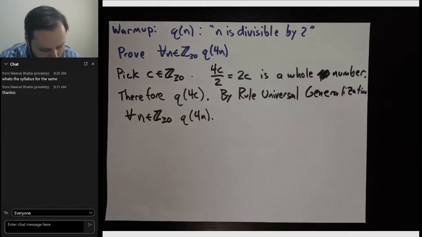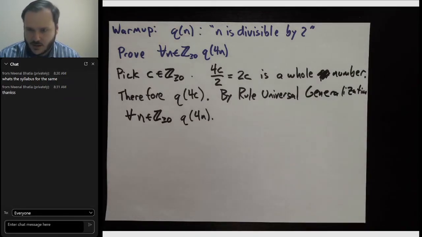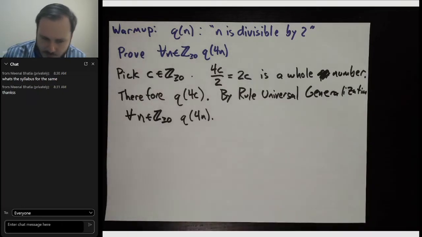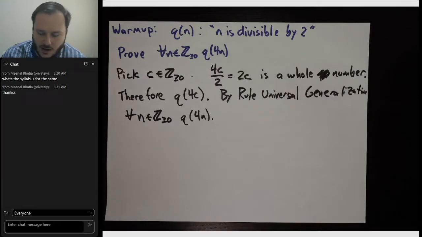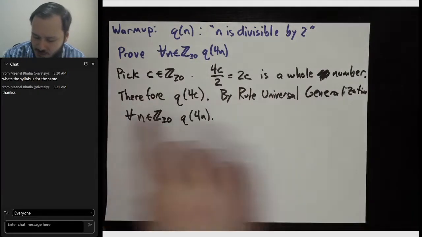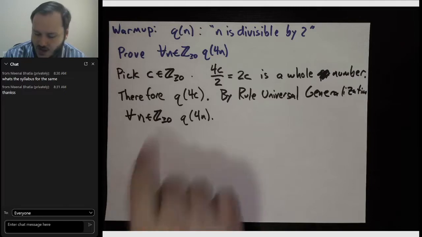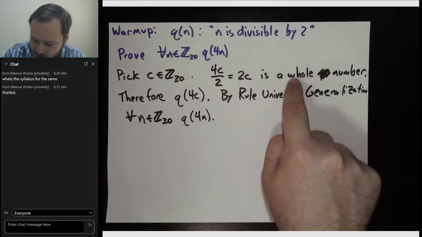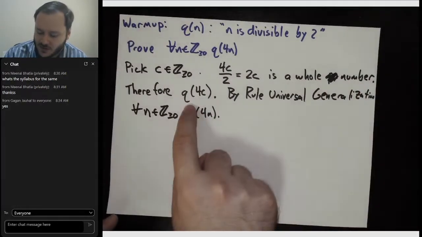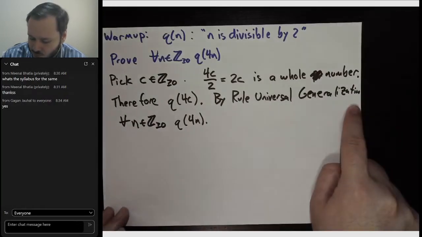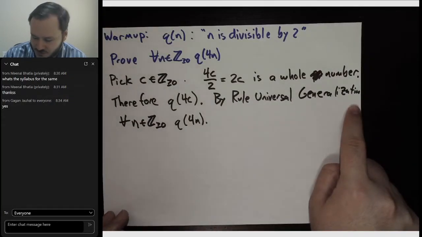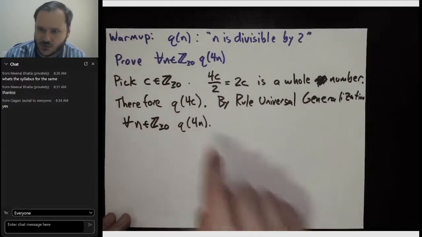Okay, so I want to make a bit of a distinction, just so it's clear. This style of proof, where there's sort of a flow, there's a story going on here. I'm picking a c, I'm doing this, which I'm saying is a whole number, therefore this, and then I'm using the rule of universal generalization, I get my conclusion.